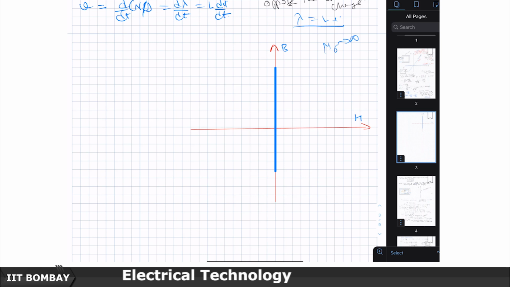In such a ferrite core, if I want to set up some magnetic field, then as per Ampere's law I should require n times I. But now look at this. Let us say this is my ferrite core, like the way I was having earlier.